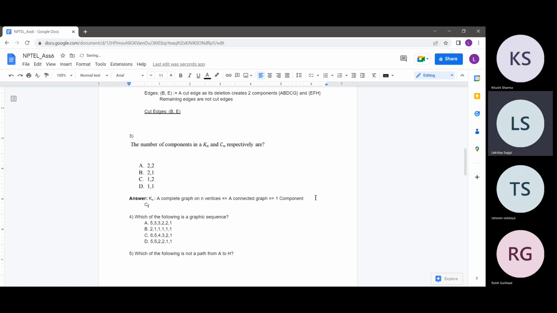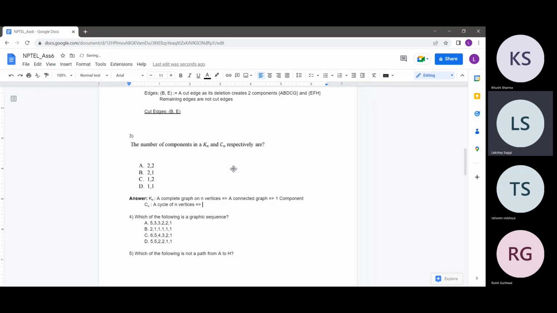Similarly, what is Cn? Cn is a cycle on n vertices. You already know what a cycle is, so Cn is nothing but a graph which contains only a cycle on n vertices.